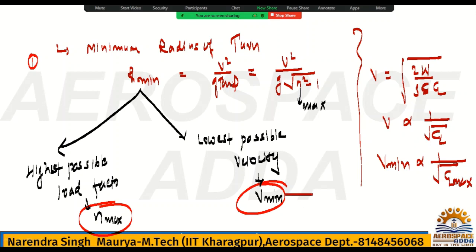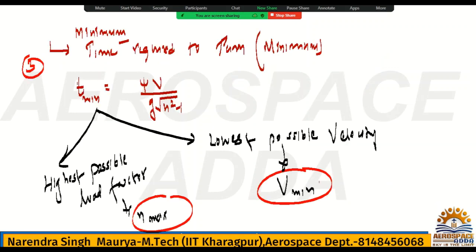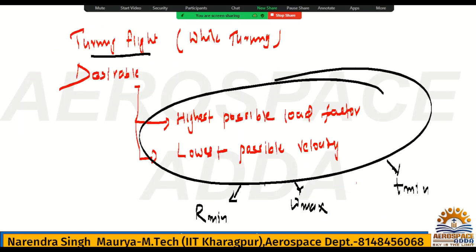If I am saying velocity min, that meaning is also CL max. There should not be any confusion there. So lowest possible velocity or highest possible CL, yes or no?